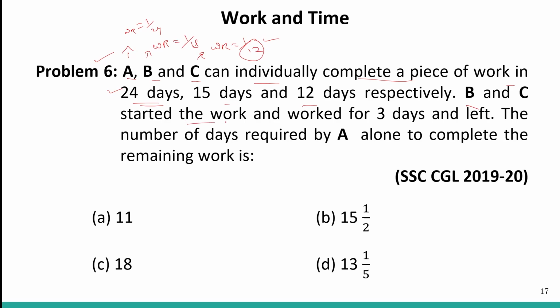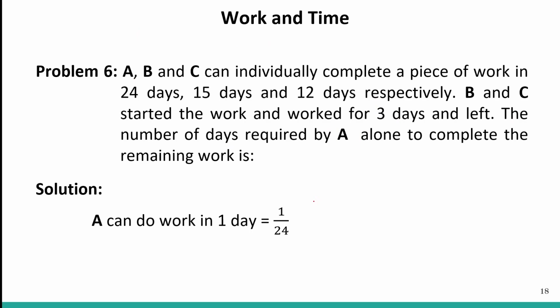So B and C started the work and worked for 3 days and left. Okay. So the number of days required by A alone to complete the remaining work is what? 11, 18, 15 whole and 1 by 2, 13 whole and 1 by 5. Okay, let's see which among these 4 is the probable answer. And this question has been asked in the SSC CGL 2019-20 paper. Okay, so let's go forward and see the step-by-step solution.